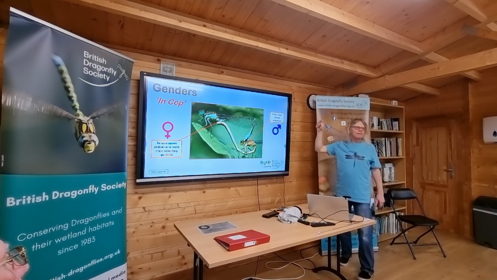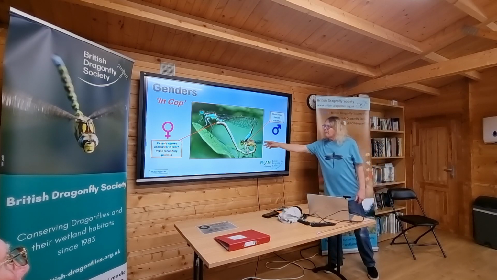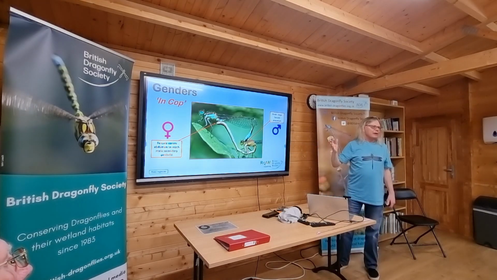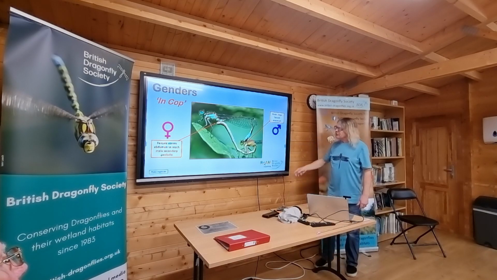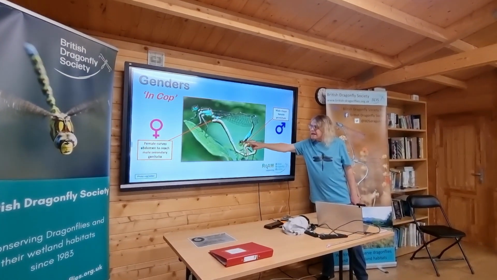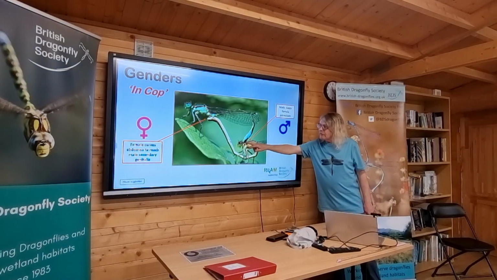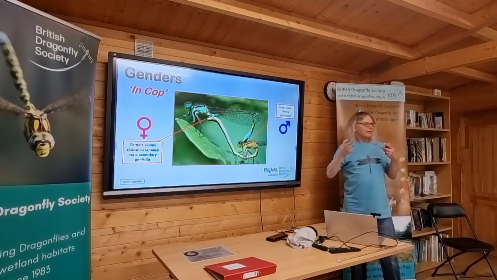And you can always tell, if you can identify the male when you see them like this, which is probably the easiest one for people to identify, you can bet your bottom dollar that the female is the female of that species, because they all have different anal appendages on the end of the abdomen here. The appendages that secure the abdomen to the pronotum are different on every species, so they can't intermix with each other.